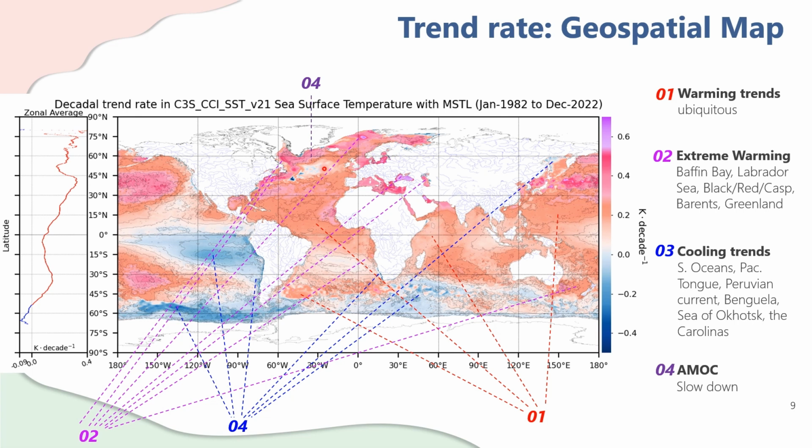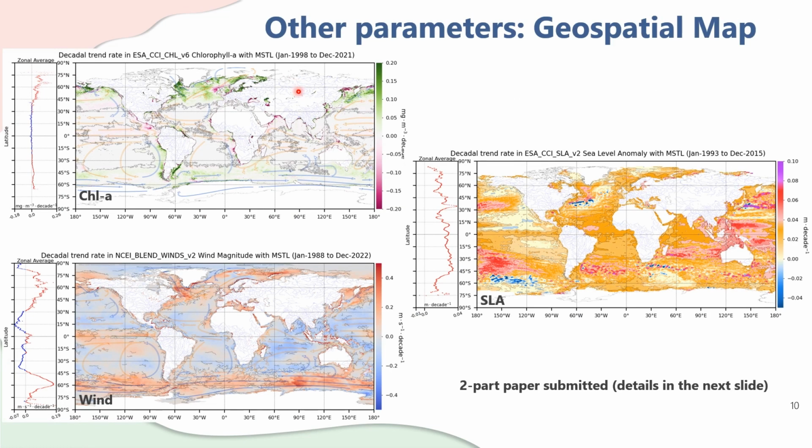I will leave the discussion saying that understanding the full impact of trends on the climate system requires a multi-parameter approach and considering the complex system and various feedback mechanisms. We have also explored other parameters, including chlorophyll A, sea level, and winds, and ongoing work on additional parameters.